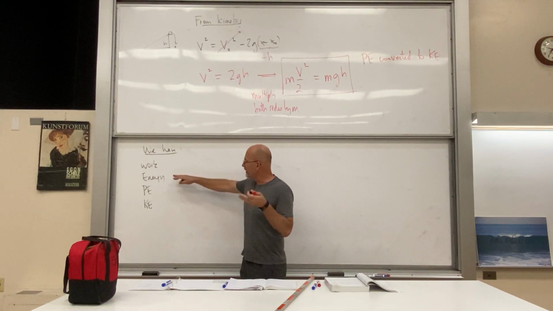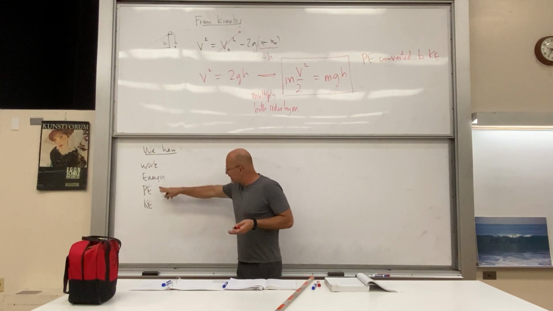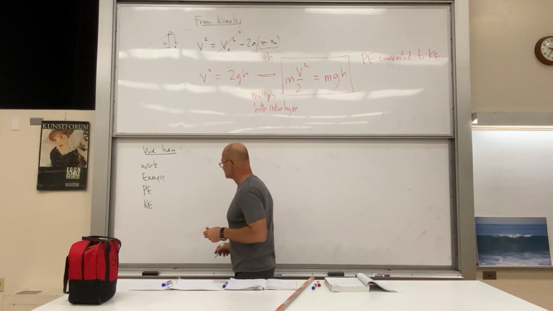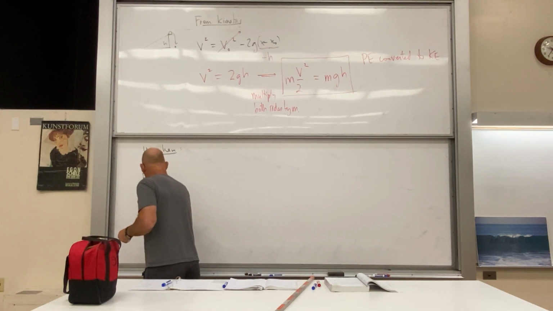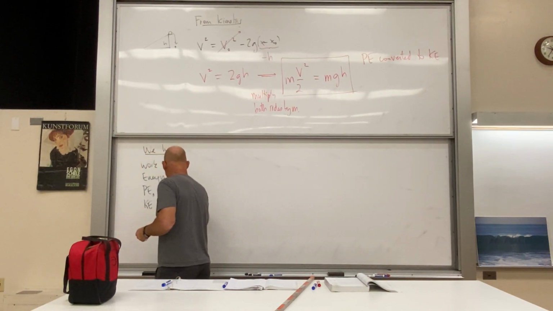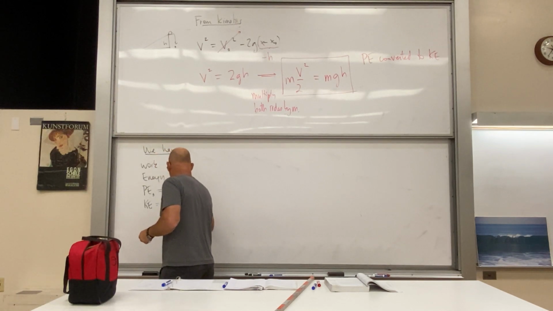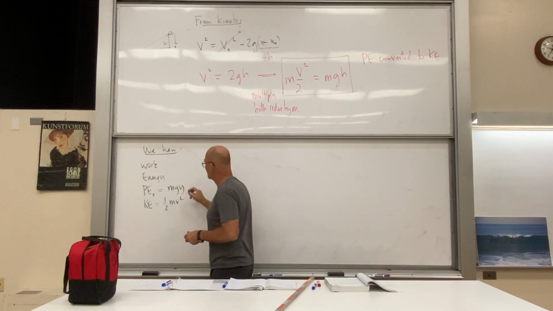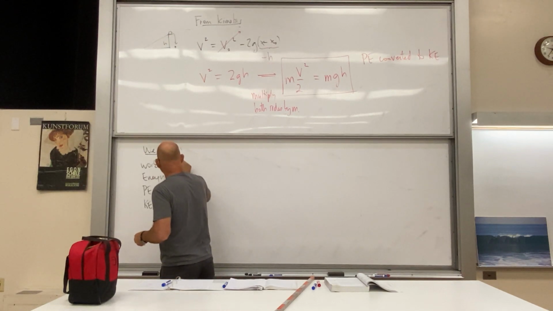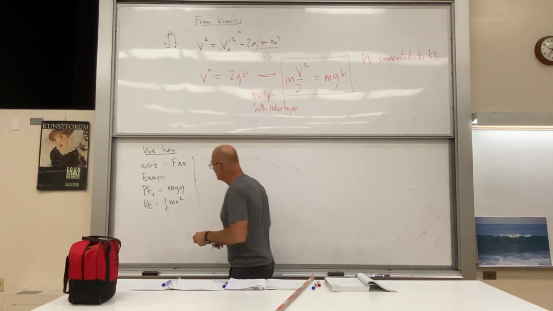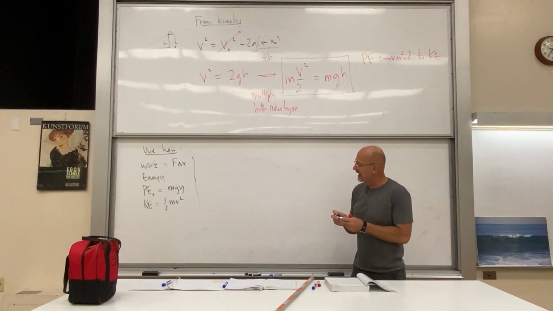Lifting something, the capacity to lift something, storing something that you lifted, and dropping it and having it move around. So I'll even put potential energy of gravity as mgy, kinetic energy is a half mv squared. Work is force times displacement. Okay. So there's our conceptual framework now.